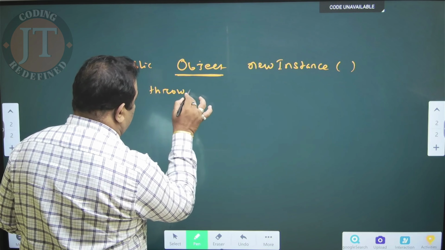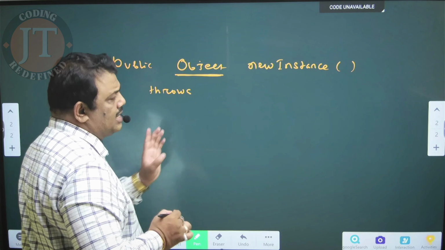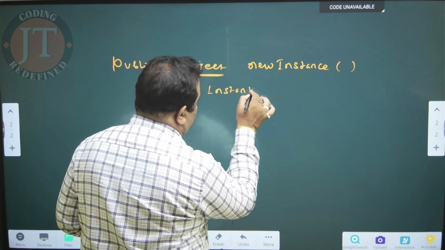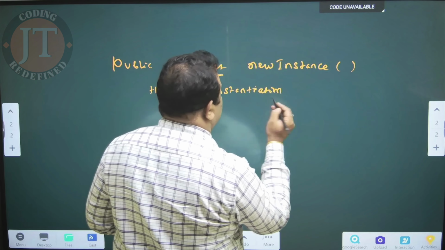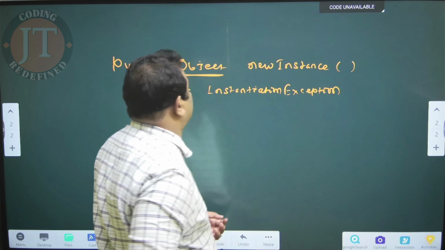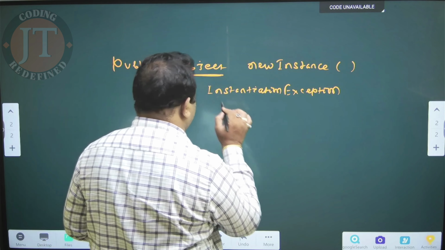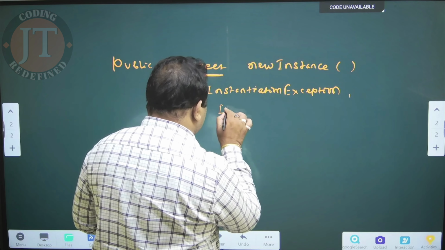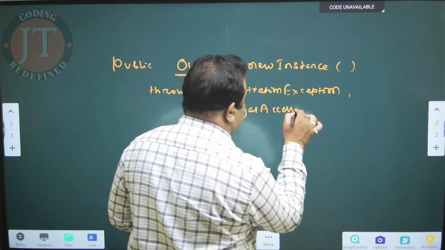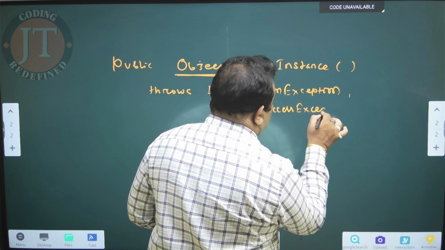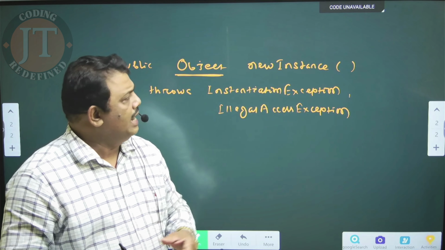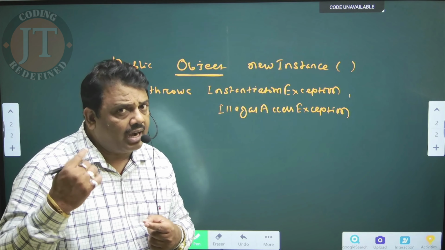The first exception is InstantiationException, and the other exception it throws is IllegalAccessException. So be careful, when I call this method, it is able to create an object of the loaded class.